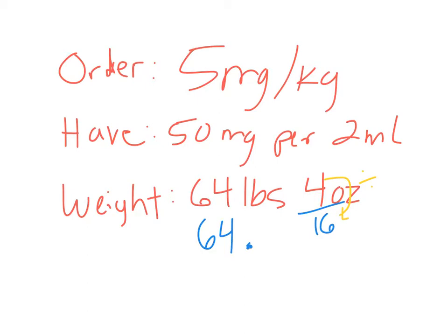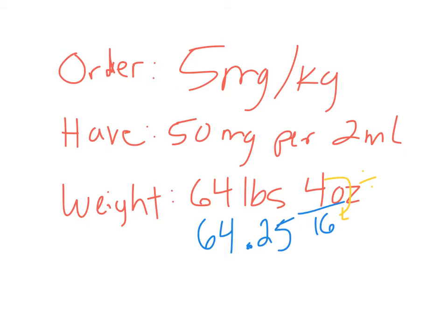But a quick way to see that is if you take 4 divided by 16, it is going to give you 0.25. So therefore, this person is 64.25 pounds. So whenever you see ounces, just divide by 16, and that will give you the decimal that you're going to put after the number of pounds.